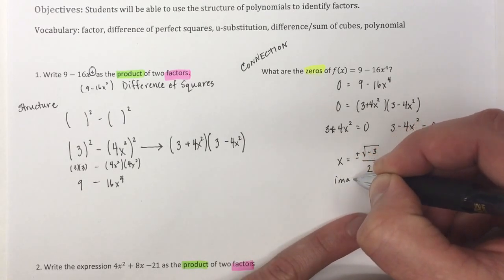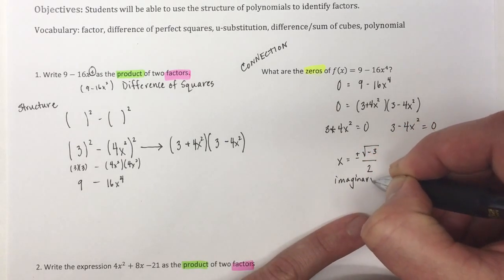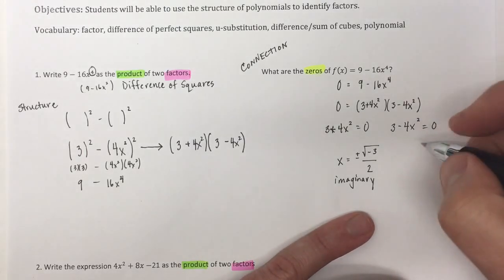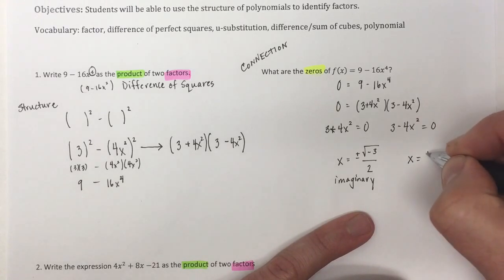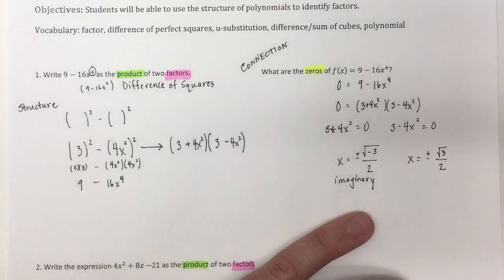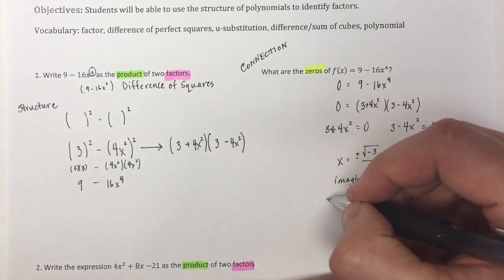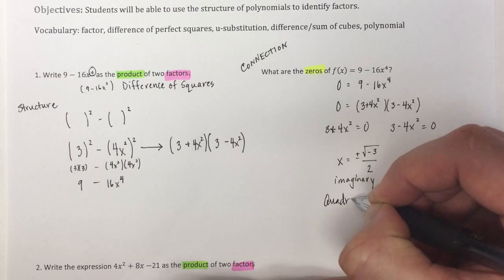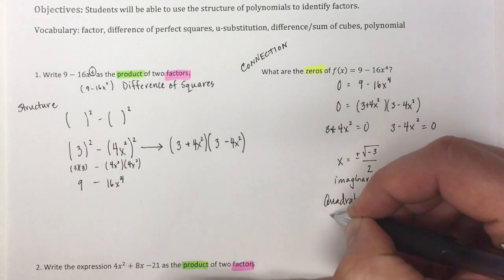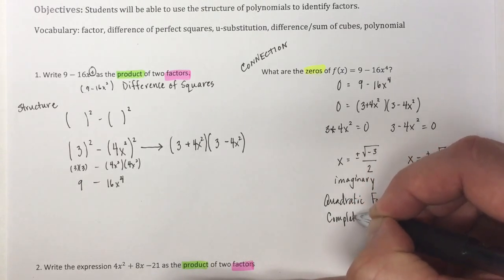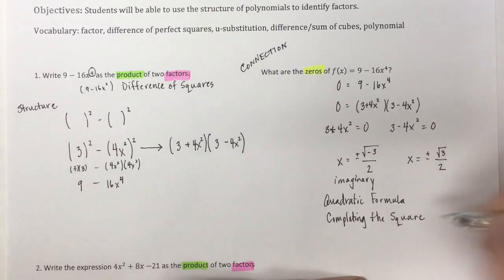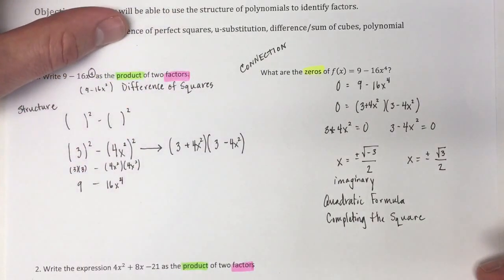These are imaginary, and therefore they will not show up on your graph. And this will be x equals plus or minus the square root of 3 over 2. Again, you can use quadratic formula. You can use completing the square. You can use straight up algebra as long as you remember the plus minus.